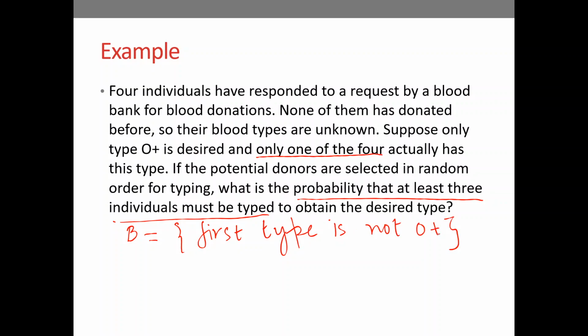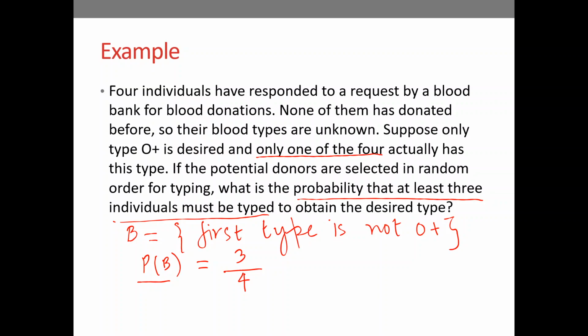So I can find the probability of B. Out of the 4 people, if I choose one of the 3, that's the first type is not O positive. So that's the probability of B.